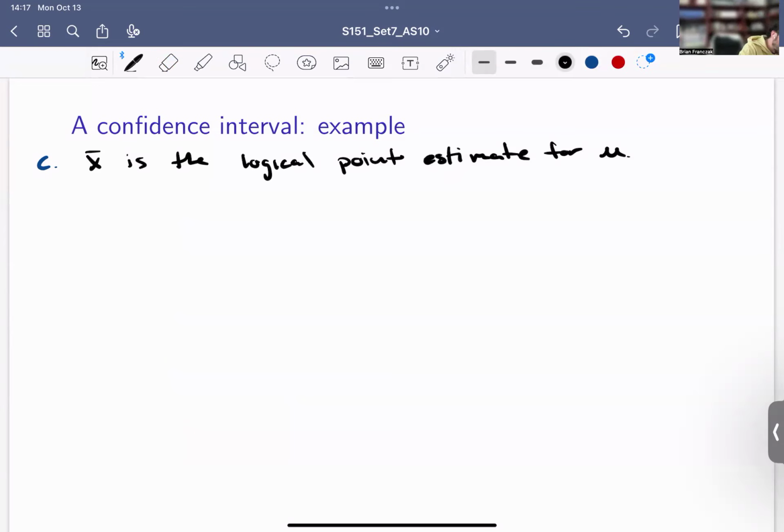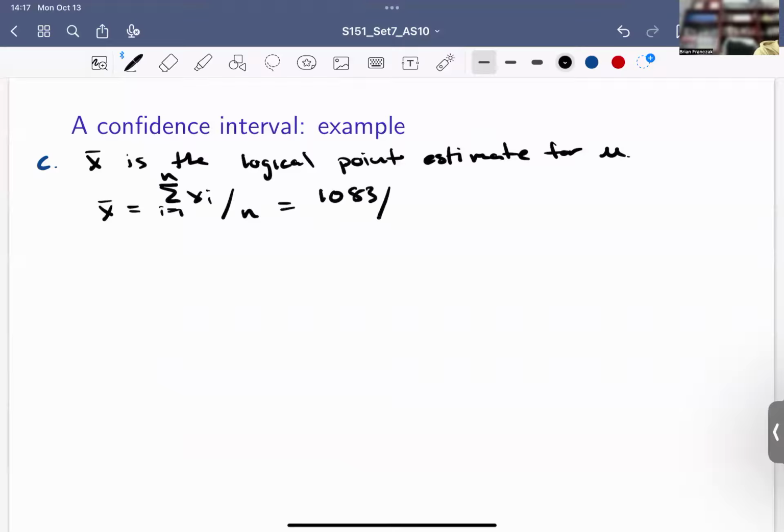X bar is the sum from i equals 1 to n of xi divided by little n, which is 1083 divided by 10, which is 108.3.